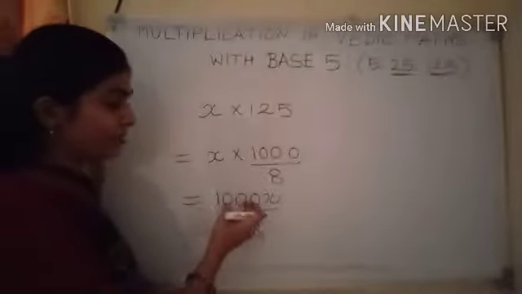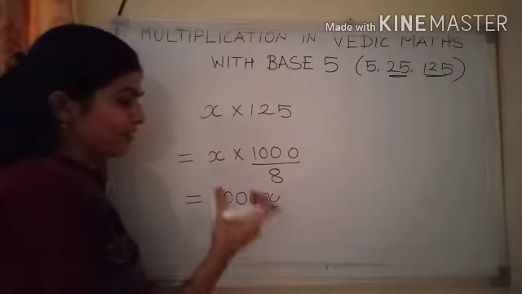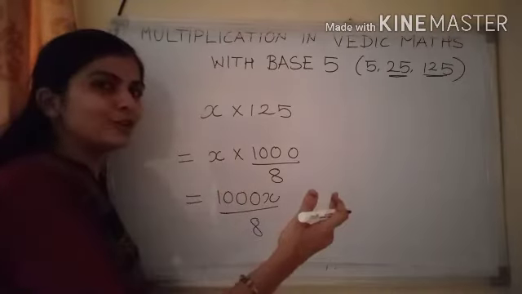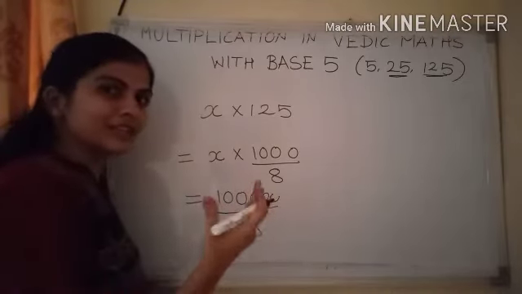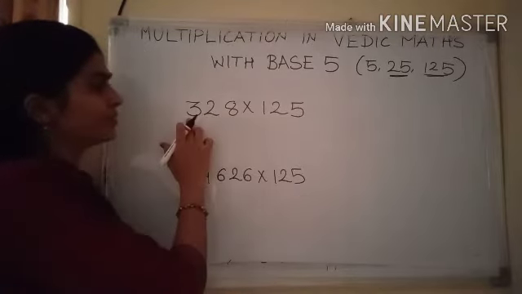Whenever we multiply with 10, 100, 1000, that is quite easier. Why? Because just we need to keep 0 after the number. Let's solve these two examples.